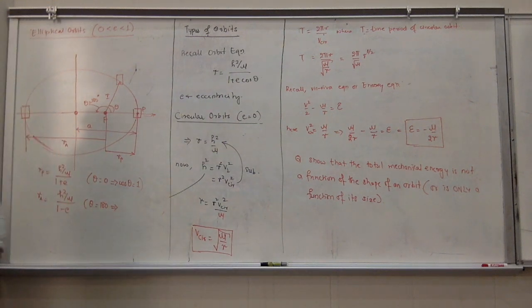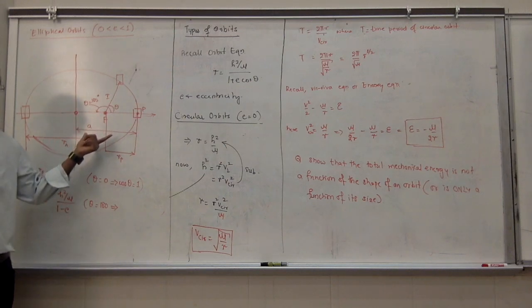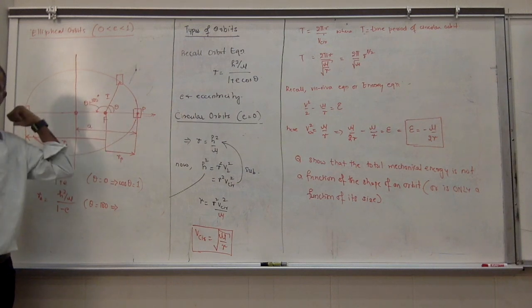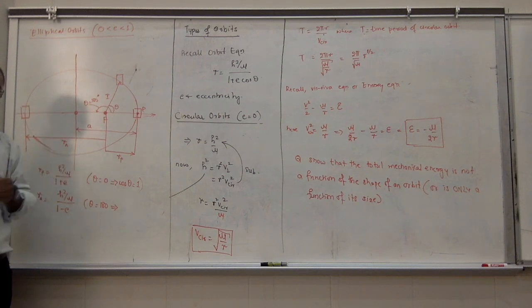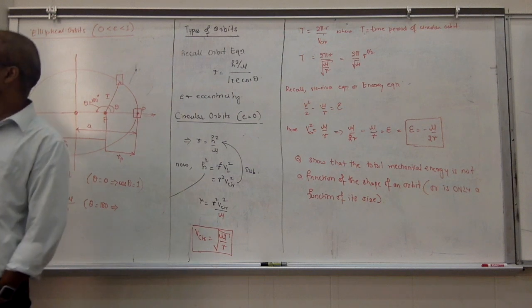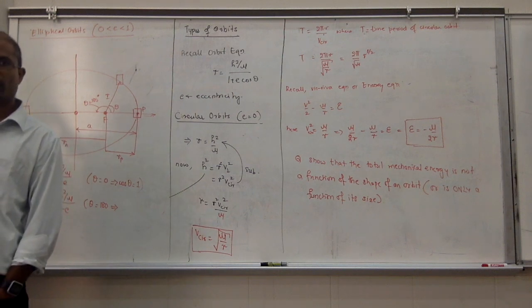AE is the product of semi-major axis and eccentricity. Semi-major axis is just the distance between center and periapsis, or center and apoapsis. So if E is 0 for a circle, AE is equal to 0. That doesn't mean anything.